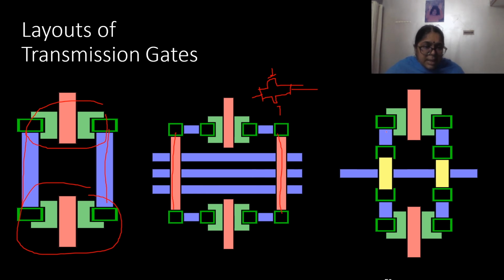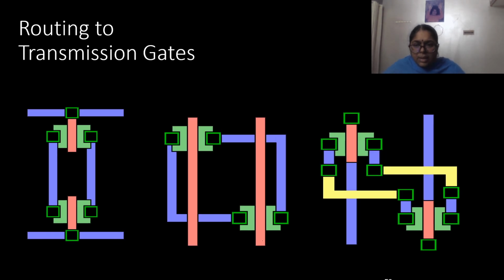Here you can see from first transistor metal 1 is used, then metal 2 is used here and metal 1 is used. So metal 1, metal 2 and metal 1 are used to make the contact here. Same transmission gate, but you can see different ways of making the contacts.